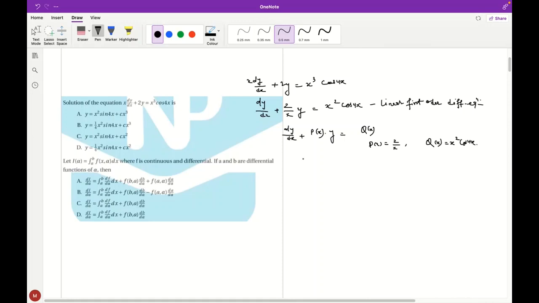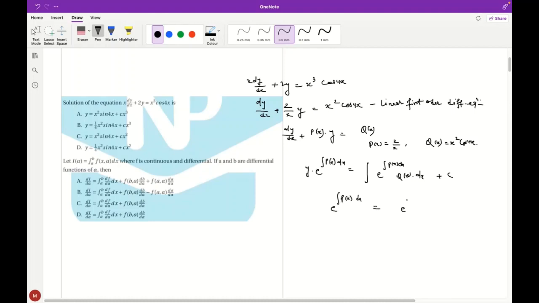And the solution of linear differential equation is given by y into e to the power integration p(x) dx equal to integration e to the power integration p(x) dx into q(x) dx plus c.